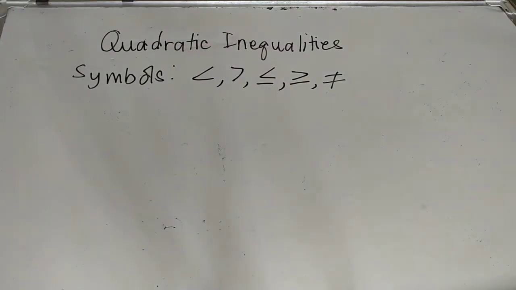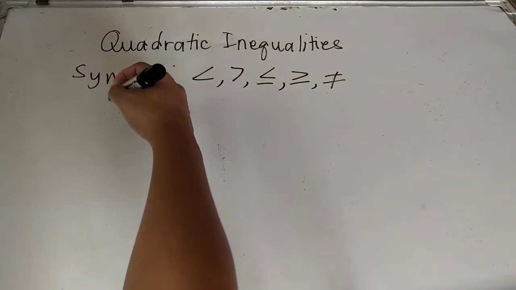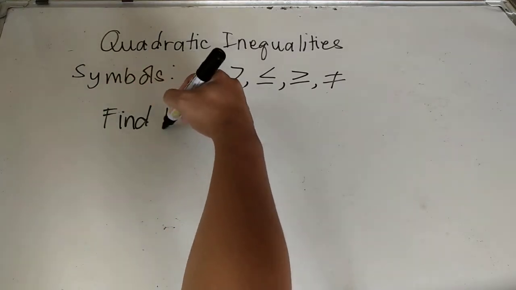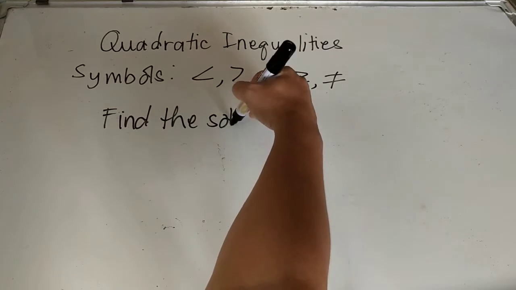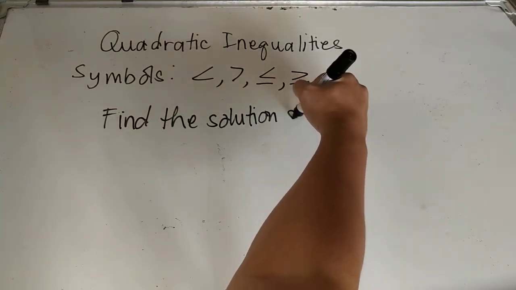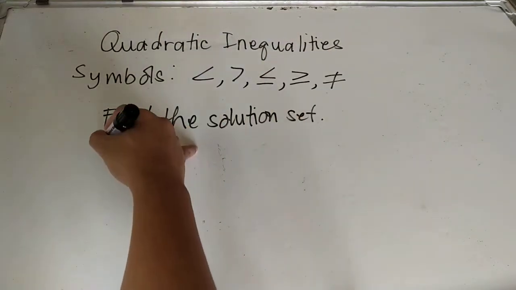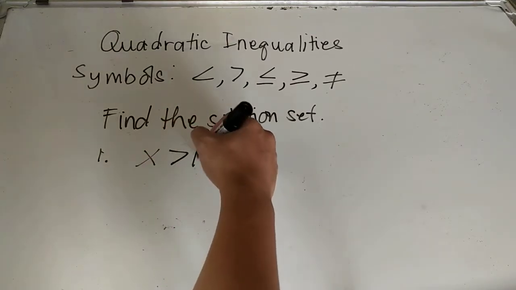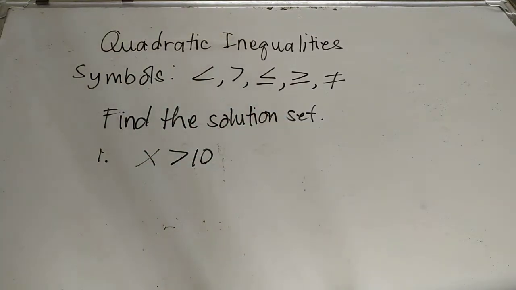Now, to give an example muna, to give us a review, subukan natin hanapin yung solution set. Okay? Find the solution set of the following. Let's say number 1. If I say x greater than 10, what are the solution sets of that expression?